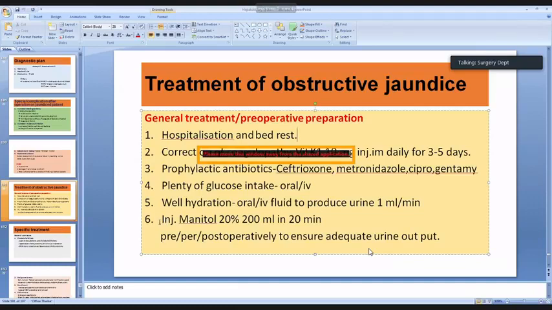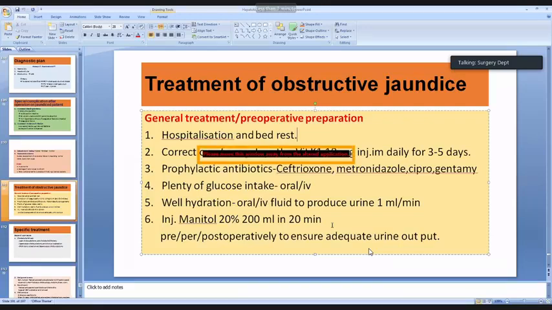Also, to enhance the formation of urine and urinary excretion, we routinely use injection mannitol 20%, 200 ml, sometimes before operation, during operation, or after operation.